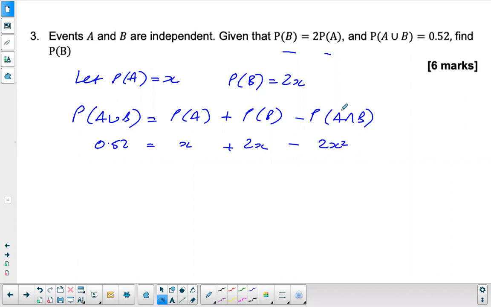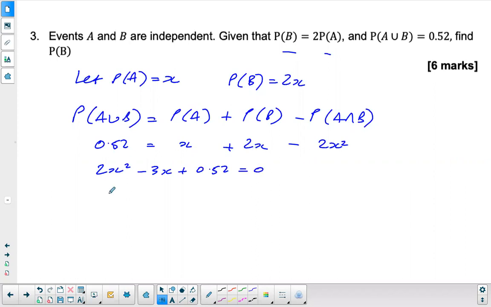We're told that they are independent, so we know the probability of A intersection B is the probability of A times the probability of B. So this gives us a quadratic, which is 2X squared minus 3X plus 0.52, which you can solve any way you like.